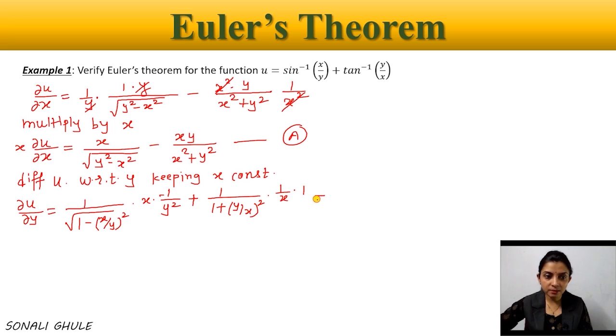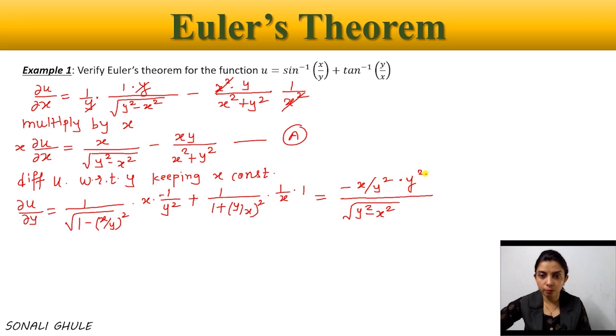Let's simplify this. It will give me minus x upon y square upon, if I solve the denominator, y square minus x square, and this y square which will be a denominator will go in numerator. So into y square plus, now solving this term, I'll get x square upon x square plus y square into this 1 upon x.